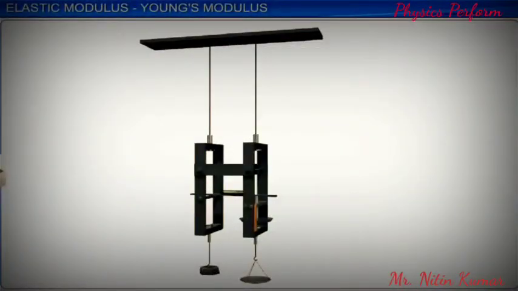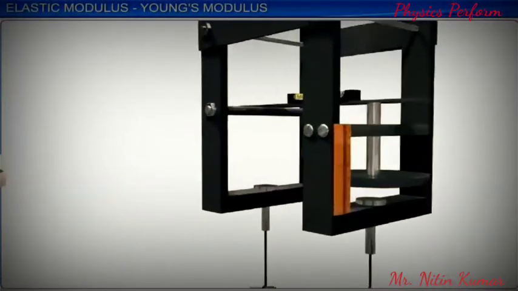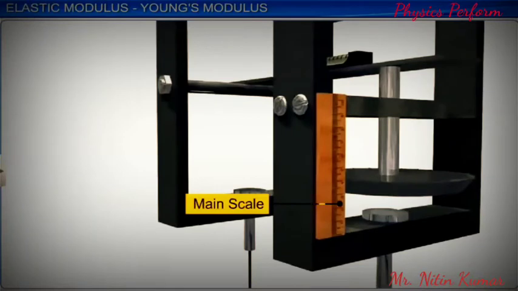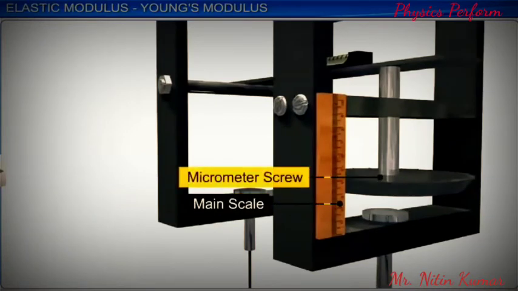As a load is added to the pan on the experimental wire, the wire gets extended and the spirit level no longer remains horizontal. The micrometer screw is moved up to make the spirit level horizontal again, and a new reading is noted.